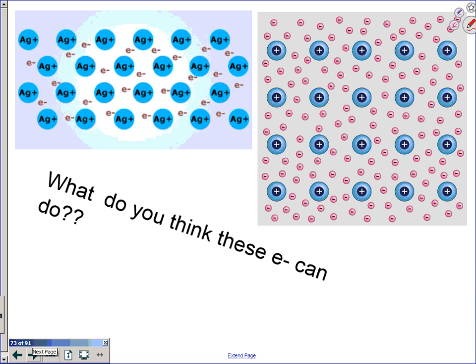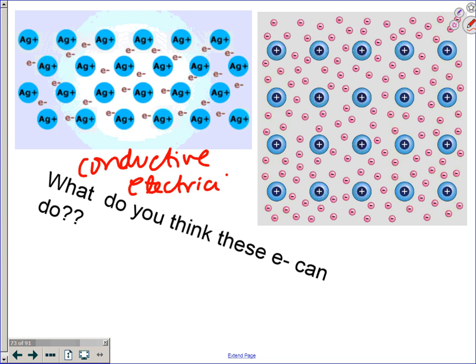So that's what the electrons look like. One person said conductive. I think that was Matt, right? Conductive to not only electricity, but what else are they conductive to? Electricity and heat. That's because heat is a wave, like it's energy, and electricity is energy. You guys know electricity is just electrons.